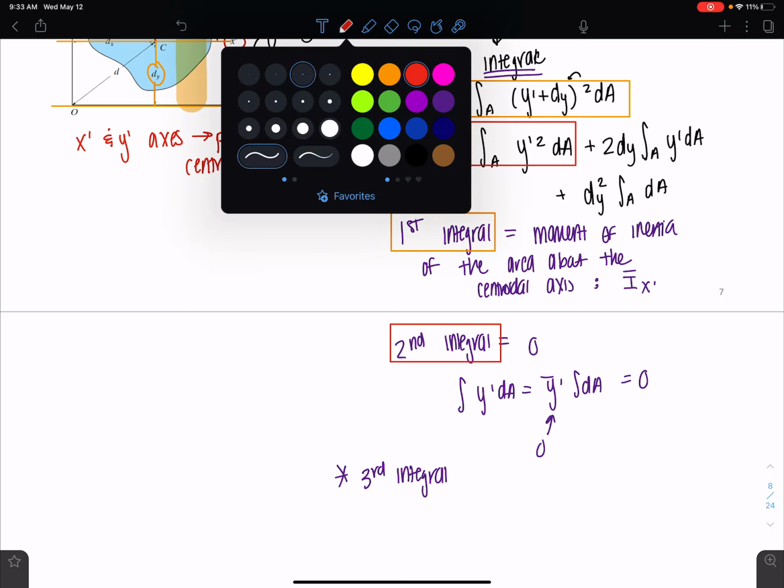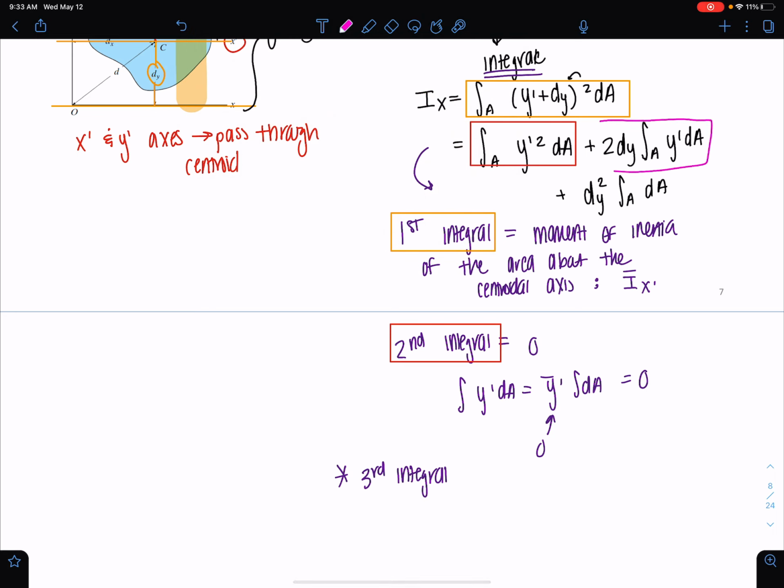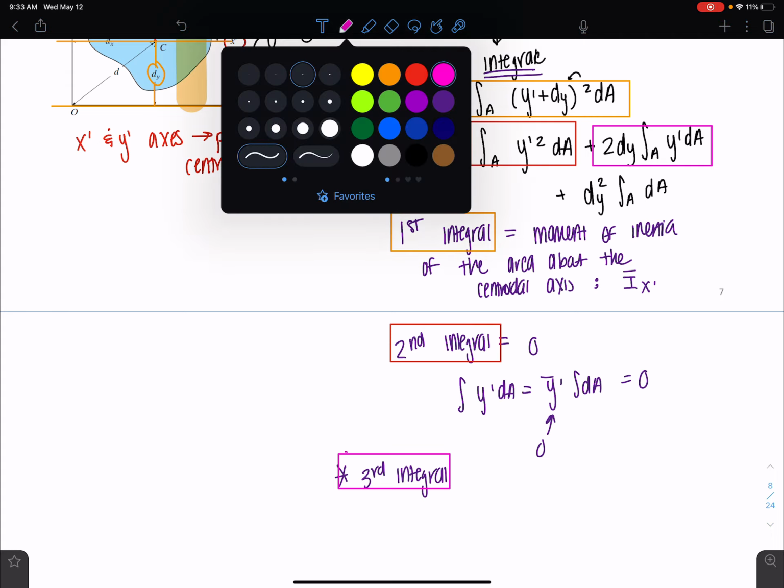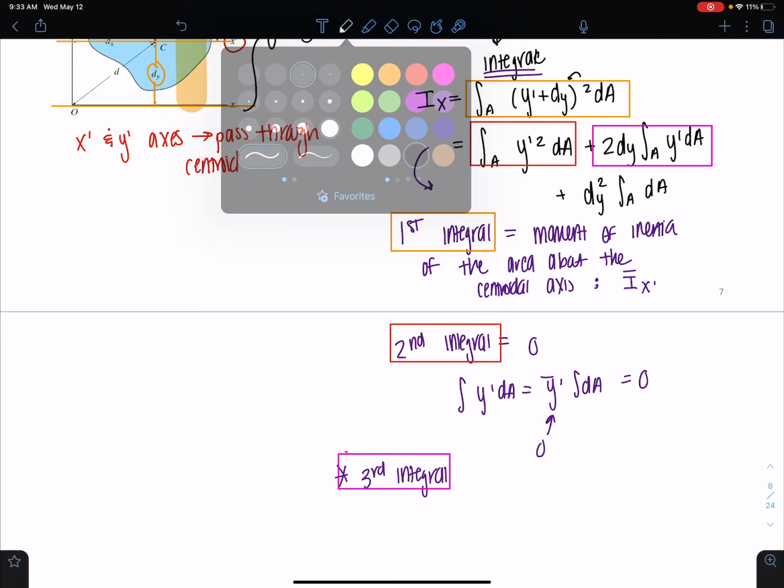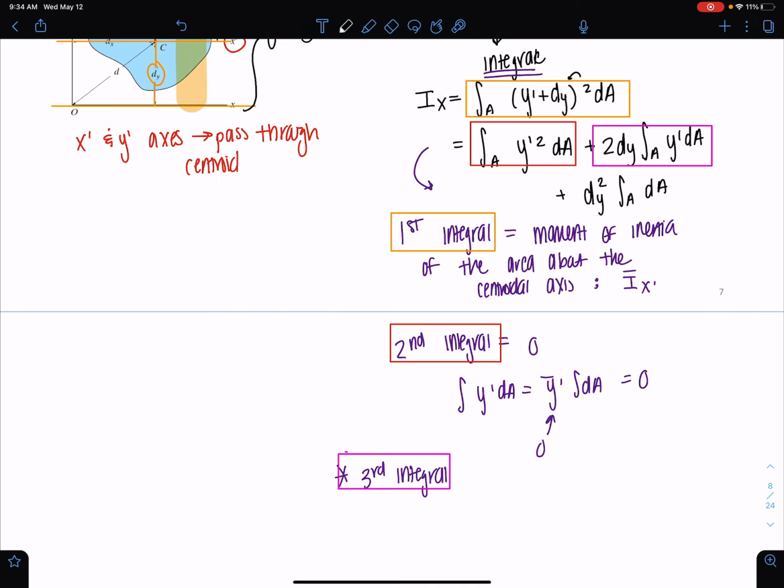This third integral is where things get important. This one right here. So just to make this clear, we're not taking multiple integrals. I'm talking about this first integral in the orange box, second integral in the red box, third integral in the pink box, and so on. That's what I'm talking about here.